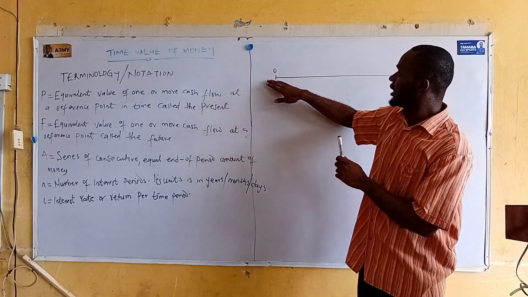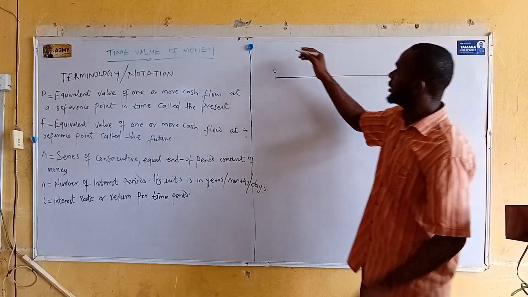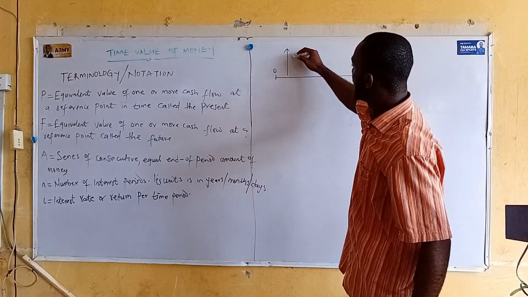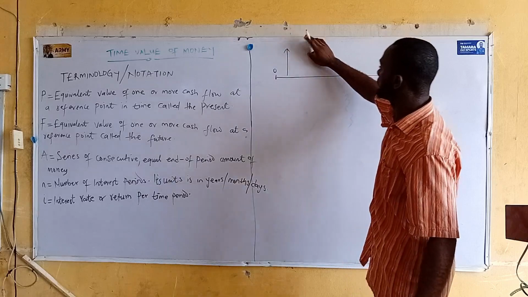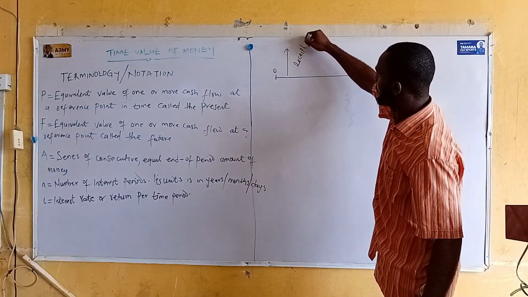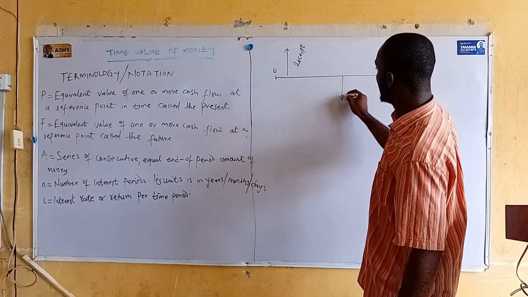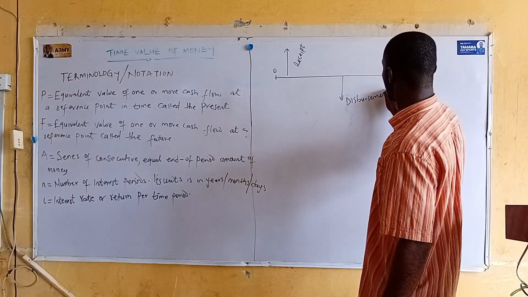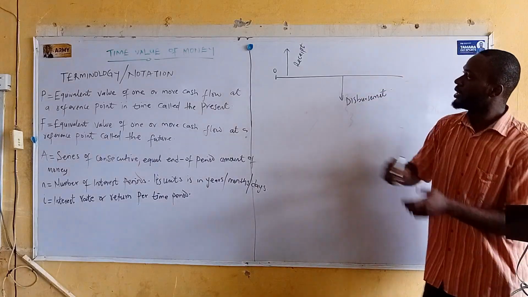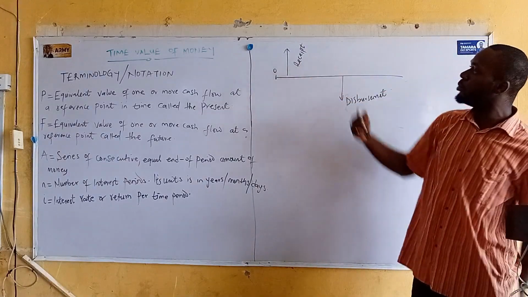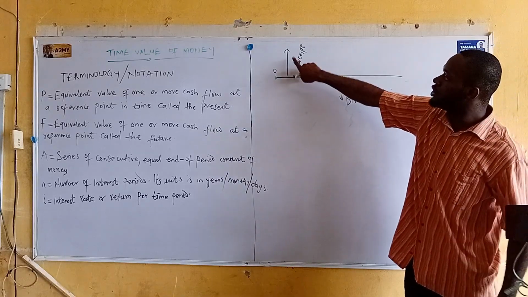So in this cash flow diagram, the up arrow is for what? It's for receipt. While the down arrow is for what? Disbursement. Do you understand? In the cash flow diagram, any receipt, any cash inflow, you use the up arrow.